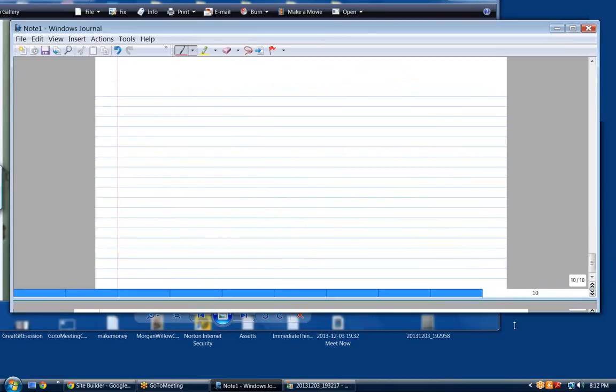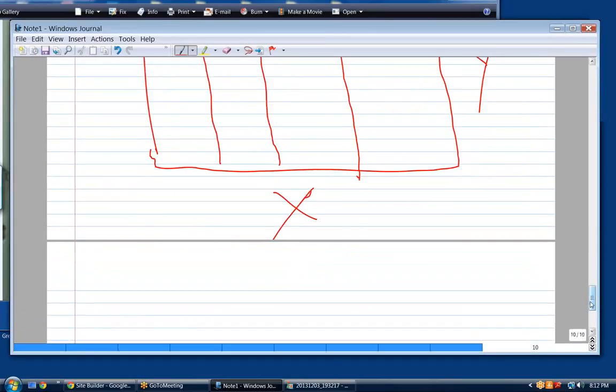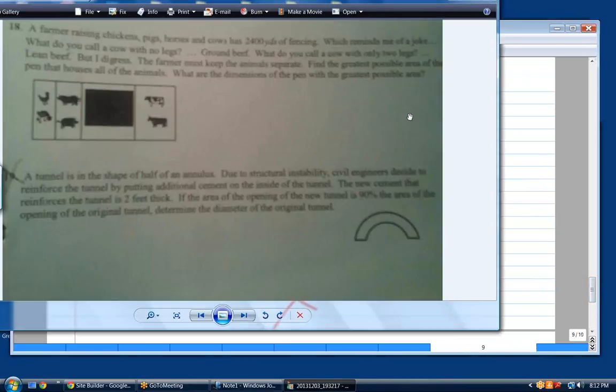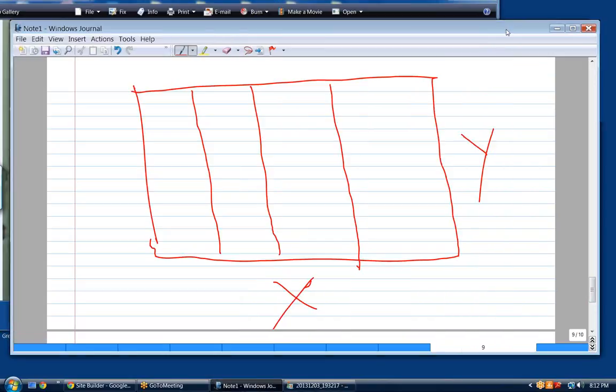Would we have to do the area of all of those? Well, first of all, we know we have 2,400 yards of fencing. So let's get an equation for that. 2,400 is equal to what? X times Y. No, that's area.